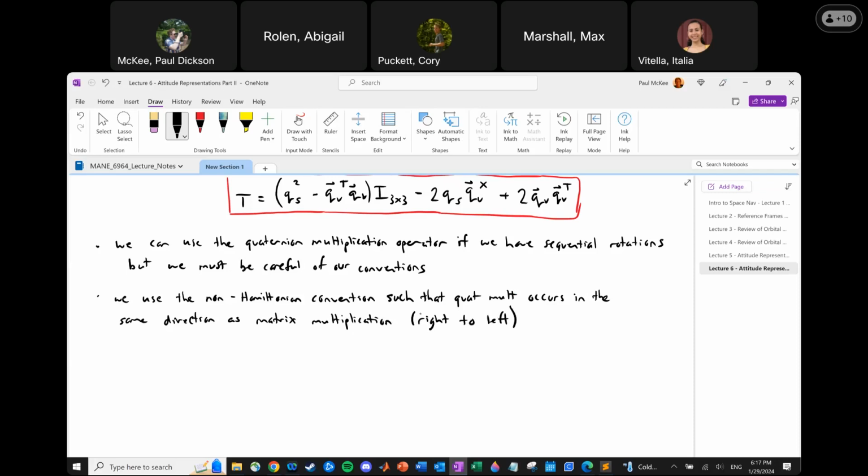So remember that order matters when you're multiplying matrices, order matters when you're multiplying quaternions, and we're going to be working from right to left.